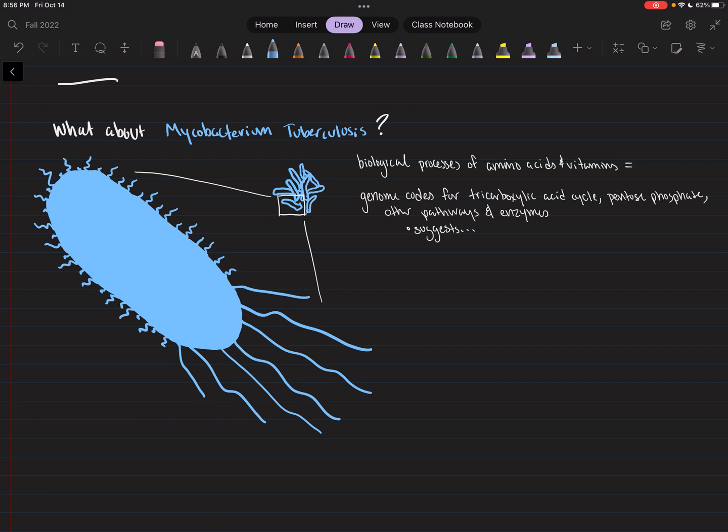It is technically a prototroph, and it was found to either use sugar or use host-derived sugars, like sugar in its surroundings, or host-derived sugars, fatty acids, amino acids, cholesterol, carbon, etc., during stages of infection.